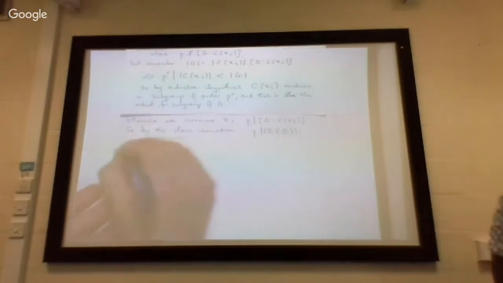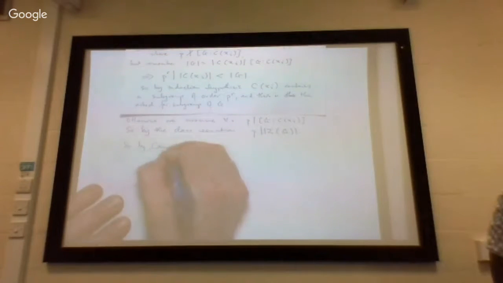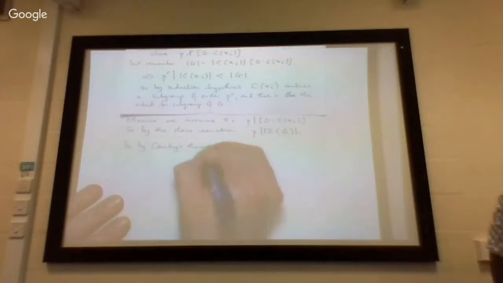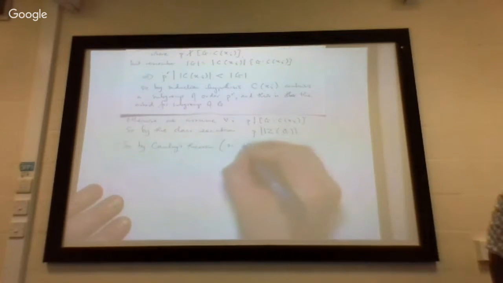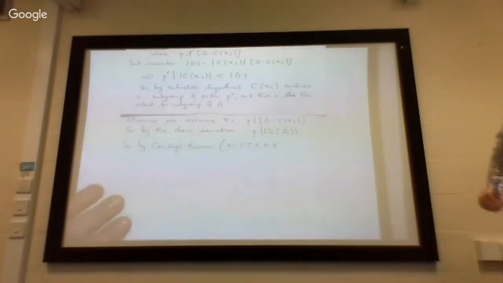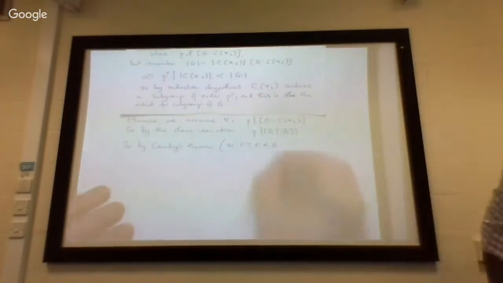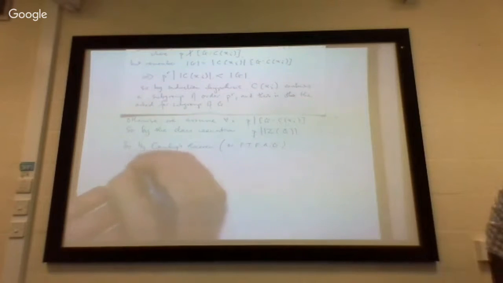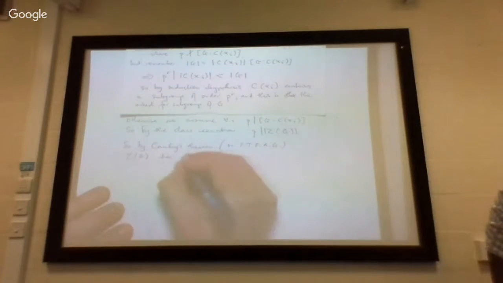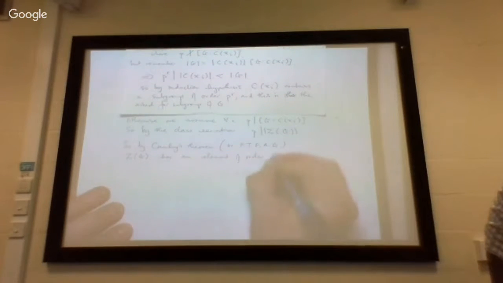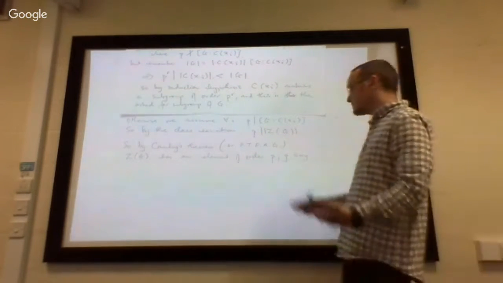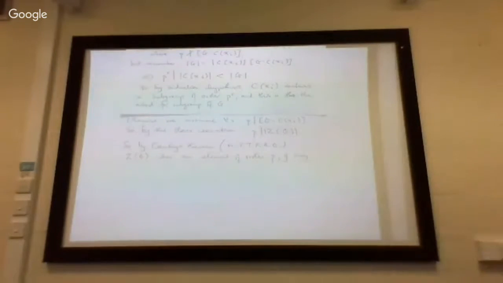So by Cauchy's theorem, which we proved earlier today, or the fundamental theorem of finite abelian groups in the previous chapter, since Z(G) is an abelian group, Z(G) has an element of order p. Let's call it g. It has an element, little g, of order p.